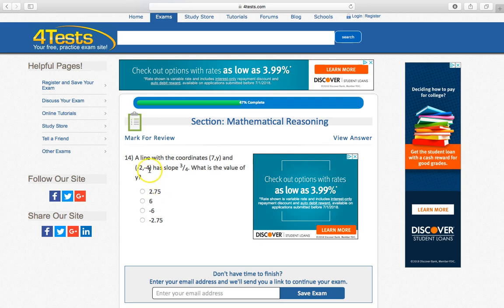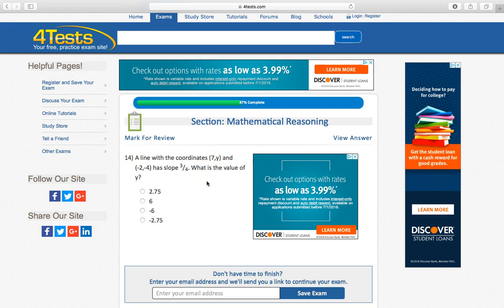So we go negative 4 minus y, divided by negative 2 minus 7, equals 3/4. The denominator is negative 9, because negative 2 minus 7 is negative 9.